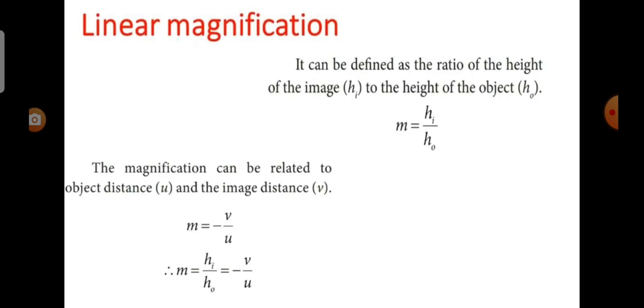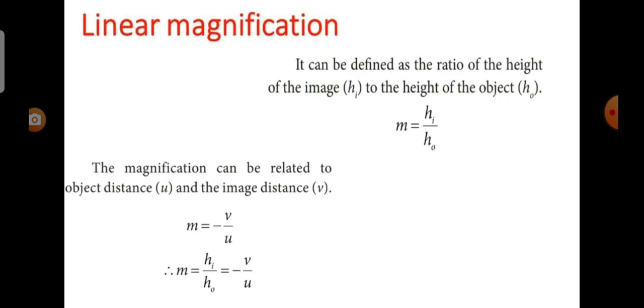Next one is linear magnification. Magnification produced by a spherical mirror gives how many times the image of an object is magnified with respect to the object size. It can be defined as the ratio of the height of the image to the height of the object.